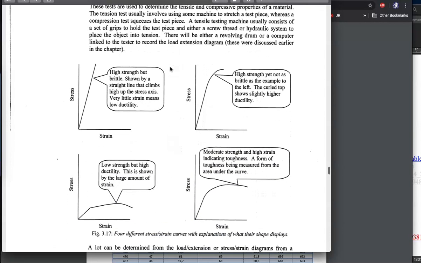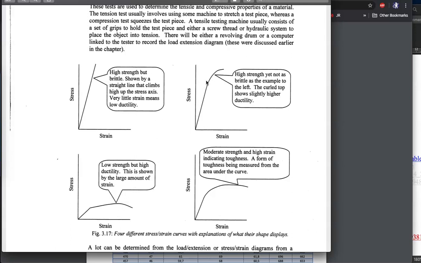We've looked at these pictures here earlier, and we've talked about, which one of these has the highest strength? Well, that's going to be top left. Which of these is the toughest? Yeah, B or D, so one of these two on the right. Which two are very ductile? Yeah, the two on the bottom, C and D, are very ductile.